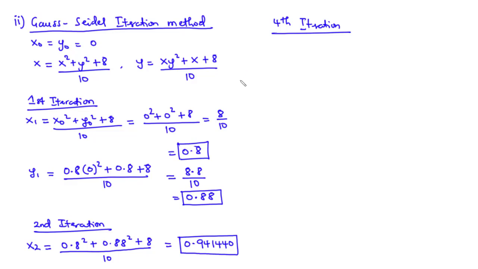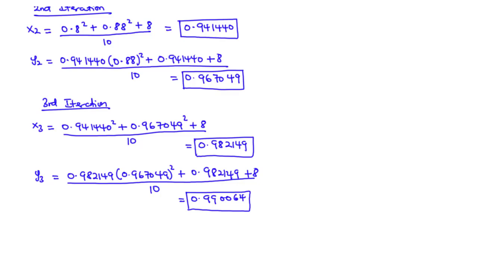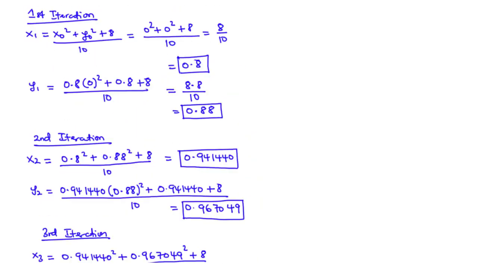Now for the fourth iteration, that is x4. x4 is equal to the most recent x value, that is 0.982149.